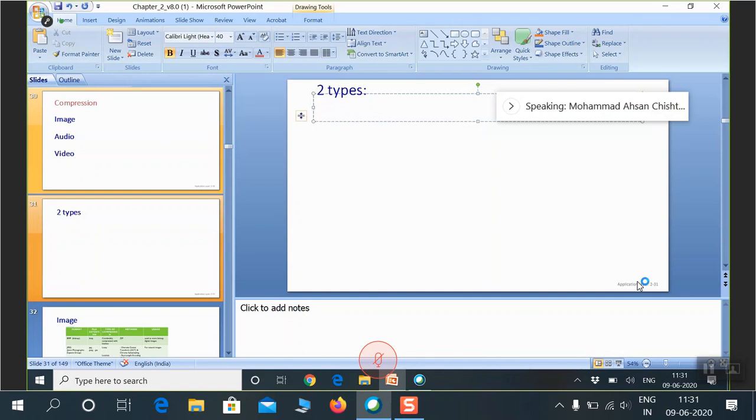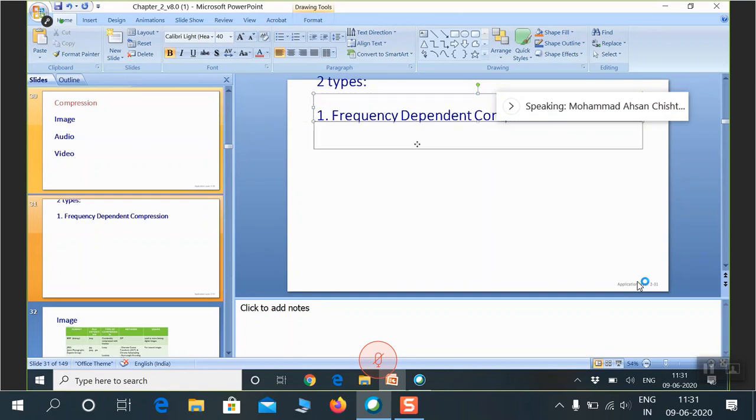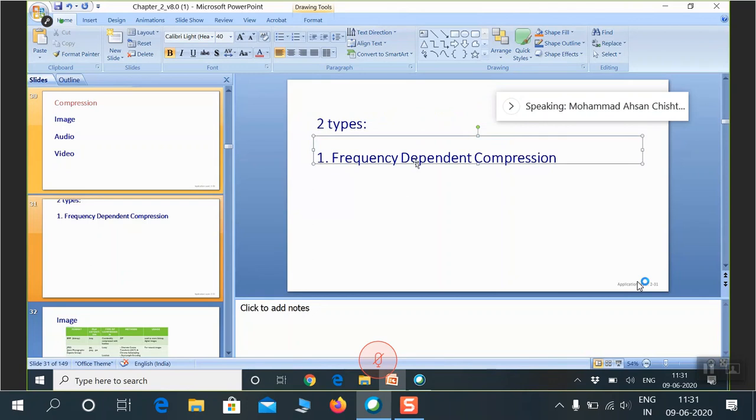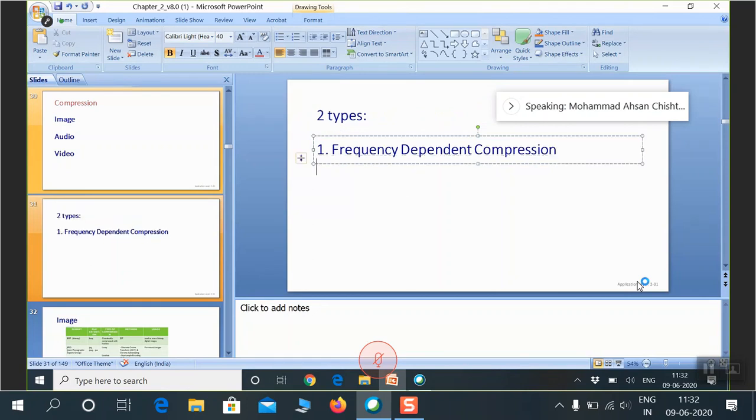The first one that we come across is frequency dependent compression. And the second one is known as context dependent compression. Let's take the first one, frequency dependent compression, also known as statistical encoding.